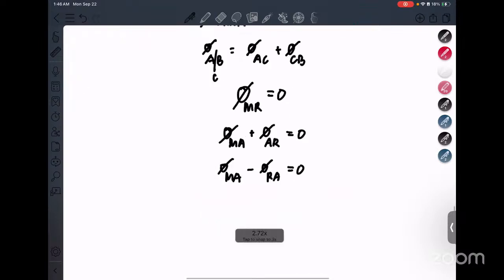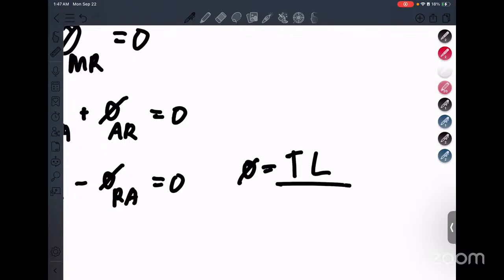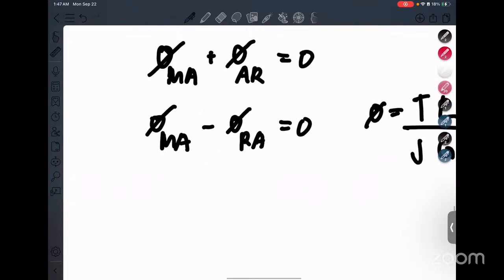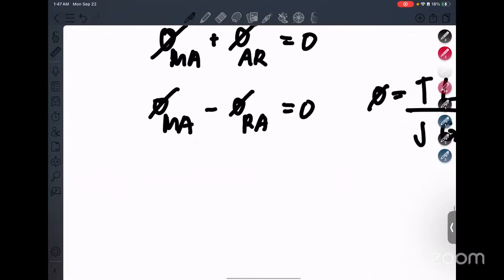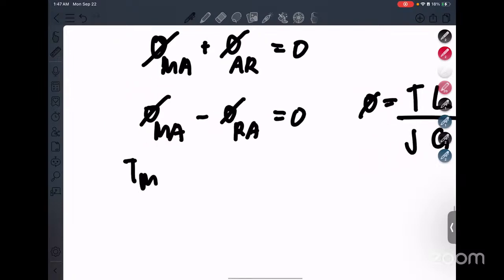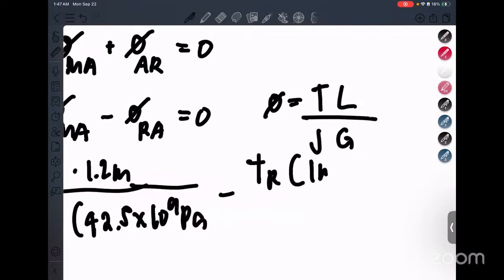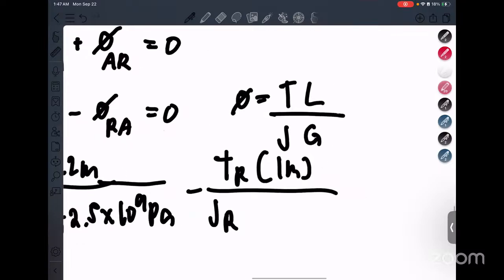Recall the angular twist equation, which is equal to the torsion times the length over the polar moment of inertia times the modulus of rigidity, TL over JG. So expressing all those terms, this becomes Tm times the length, 1.2 meters, over the polar moment of inertia of M times the given modulus of rigidity, which is 42.5 gigapascals, minus Tr times 1 meter over the polar moment of inertia of R times the modulus of rigidity, which is given to be 80 gigapascals.